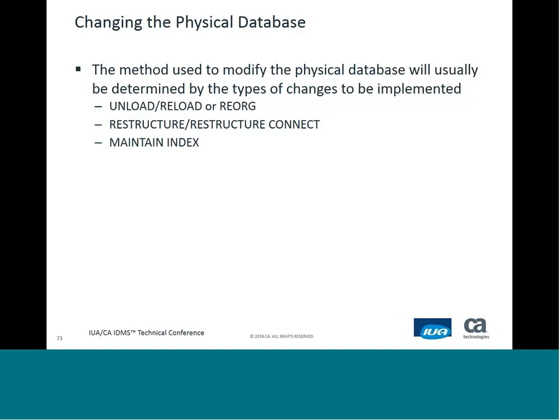We'll then also look at the Restructure and Restructure Connect utilities. This is the utility, or two utilities, that do the heavy lifting when you're actually going to go through and change structural components like the sets within the database or the records or the elements. So these are the utilities that will actually change the contents of the records.